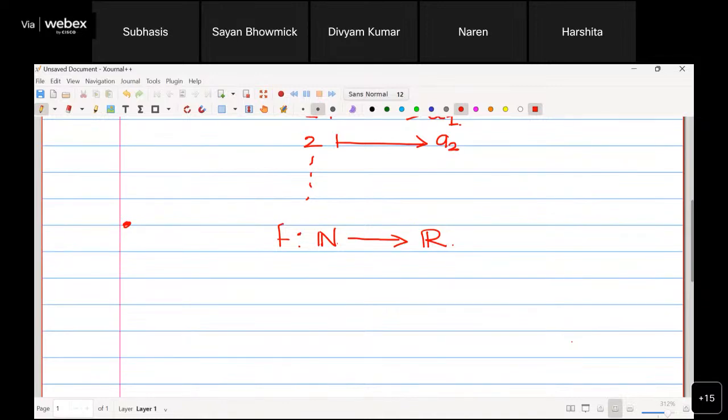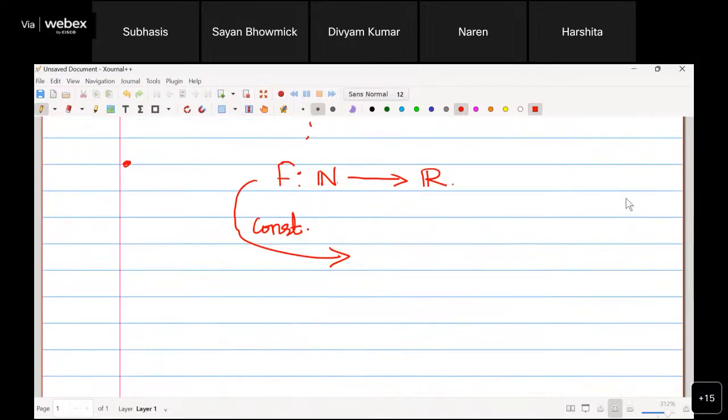Suppose I have a function from the set of natural numbers to R, and I want to construct a sequence using this set. How should I do it? How can I construct a sequence from this function?